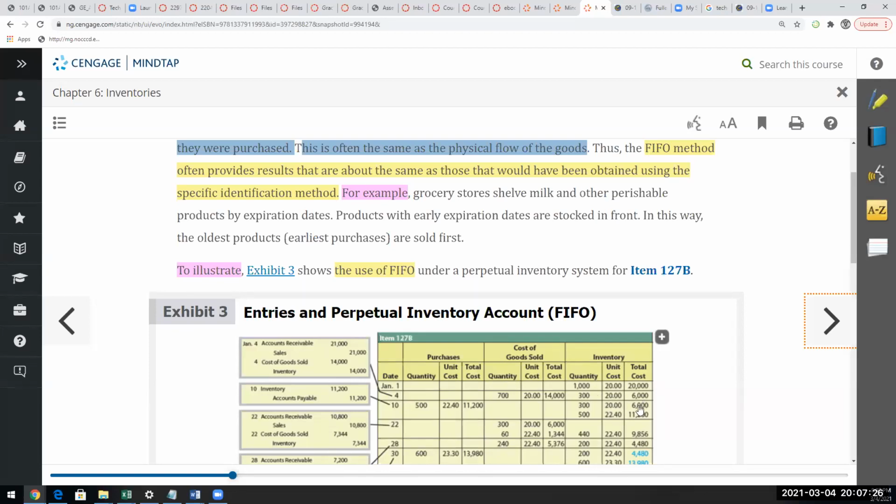I'm going to bring those 3 numbers down because I still have them. But I'm going to add to it the 500 new items that cost $22.40 for a total of $11,200. So if you were to say, hey, what's the value of my inventory right now? I would add up 6,000 plus 11,200. I had 17,200. That's all we're saying right now.